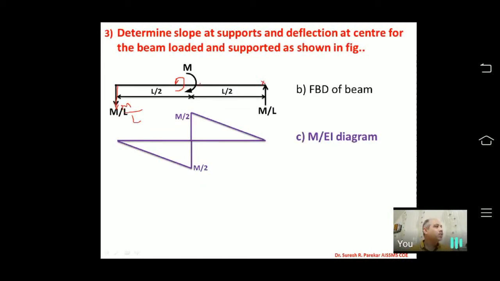Now if you go just right of the moment, then your moment will be positive clockwise, and clockwise will take bending moment up, and that value we will get minus M by 2 plus M, that will be plus M by 2, shown upward, and then we are going to get this bending moment diagram in this fashion.